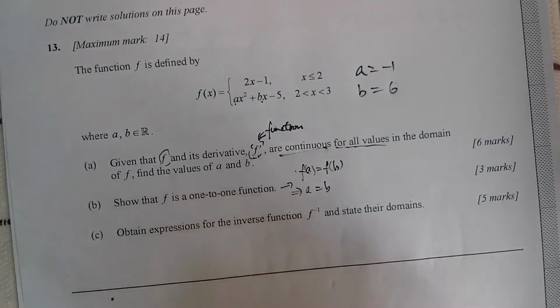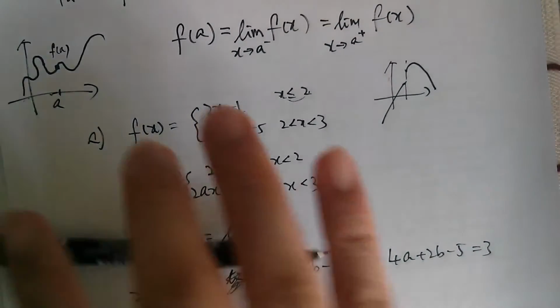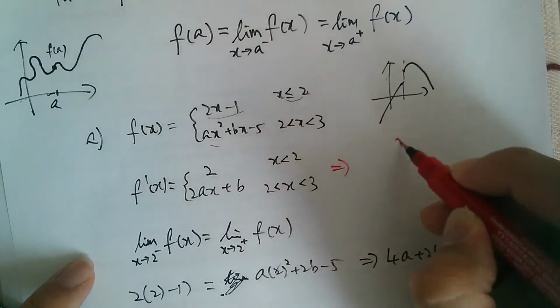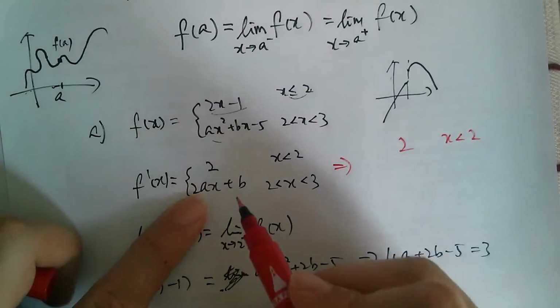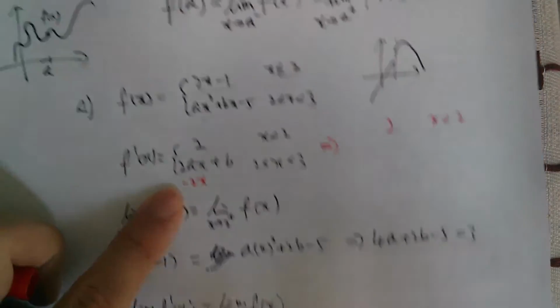option. So what happened is, this time, we have got the derivative. And the derivative is 2 for x smaller than 2. And since a is -1, it's -2x plus 6, b is 6.